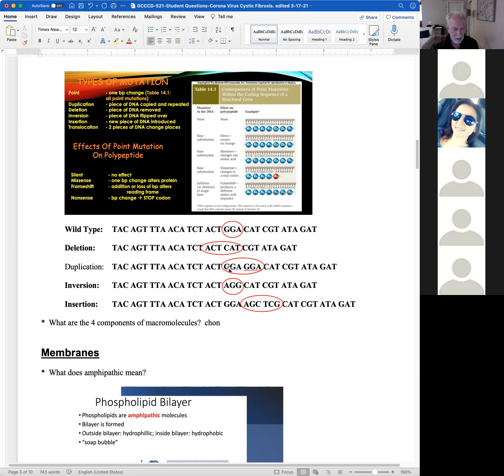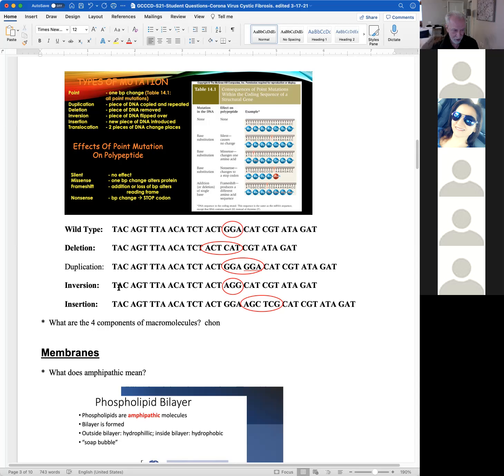So the GGA sequence is copied and repeated, and that's called a duplication. And then the sequence goes back to normal, CAT, CGT, and so on to the end. So that's illustrative of a duplication. And I'm illustrating these with 3 letters at a time. They don't necessarily have to be 3 letters. It can be anything from 1 or 2 or 3 letters up to kilobases.